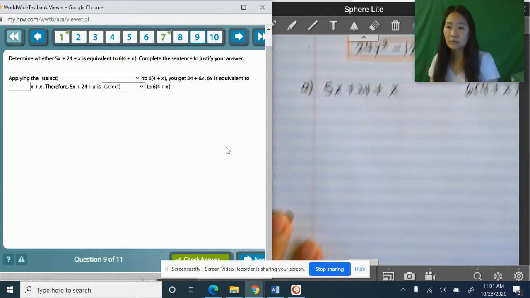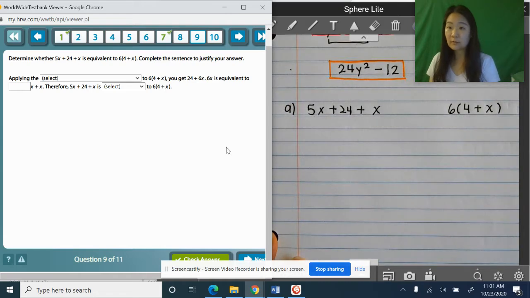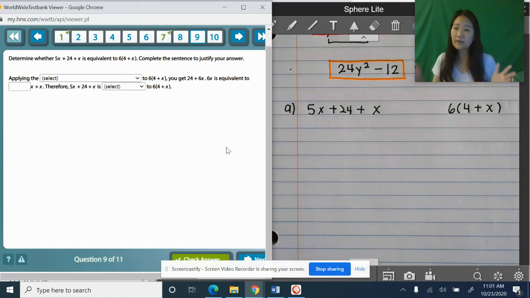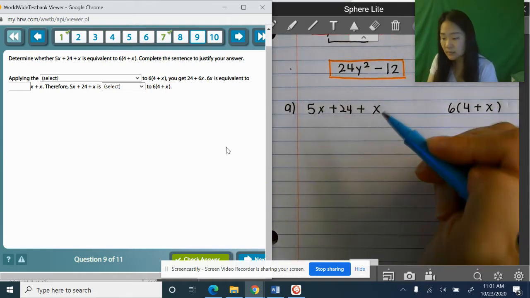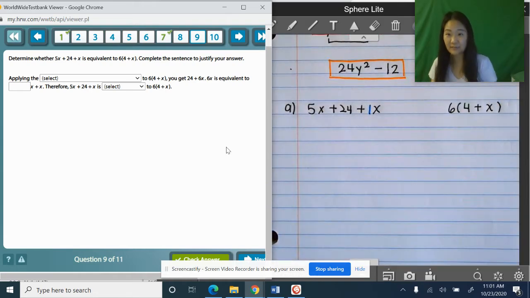Well, in order for me to tell whether they're equivalent or not, I need to first simplify both of them as much as I can. Okay? So starting with the first one. Now, if you remember, x means there's an invisible 1 in front of it. Okay, so this is 1x. So let me circle my like terms.